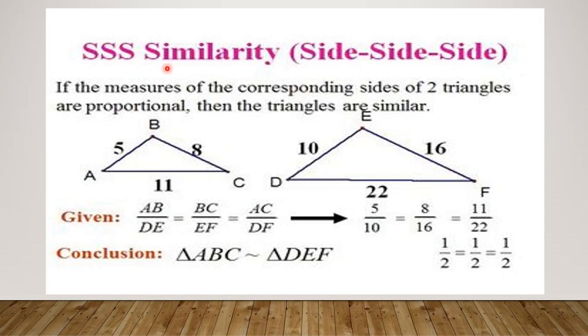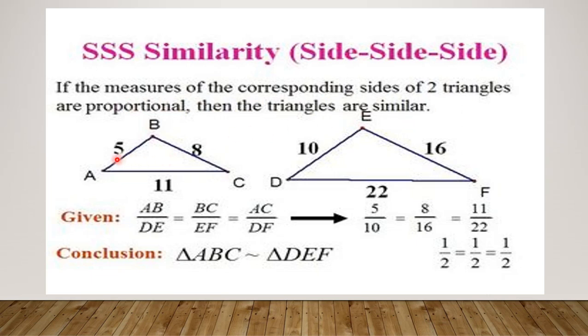As we have studied the criteria for congruent triangles, similarly we have to study the criteria for similar triangles. So first is SSS similarity. It says if the measures of the corresponding sides of two triangles are proportional, then the triangles are similar.